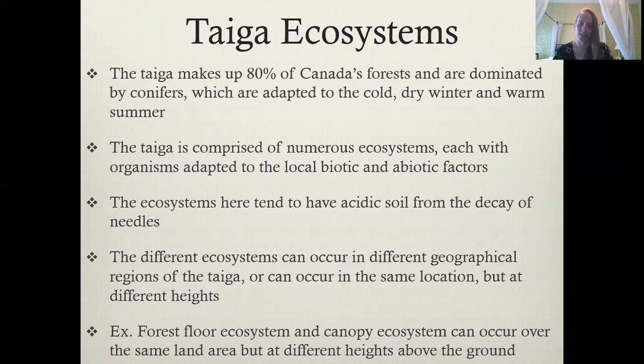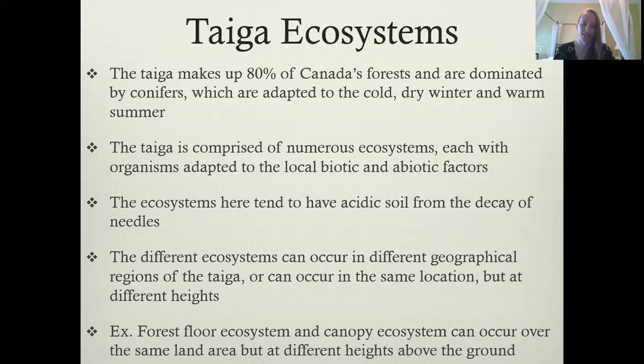Anything that lives there has to be adapted to a cold, dry winter and then a warm summer. The taiga is comprised of numerous ecosystems, each with organisms that are adapted to the local biotic and abiotic factors, which, as a reminder, are the living and non-living factors in that area. Ecosystems here tend to have really acidic soil because of the decay of the coniferous tree needles.